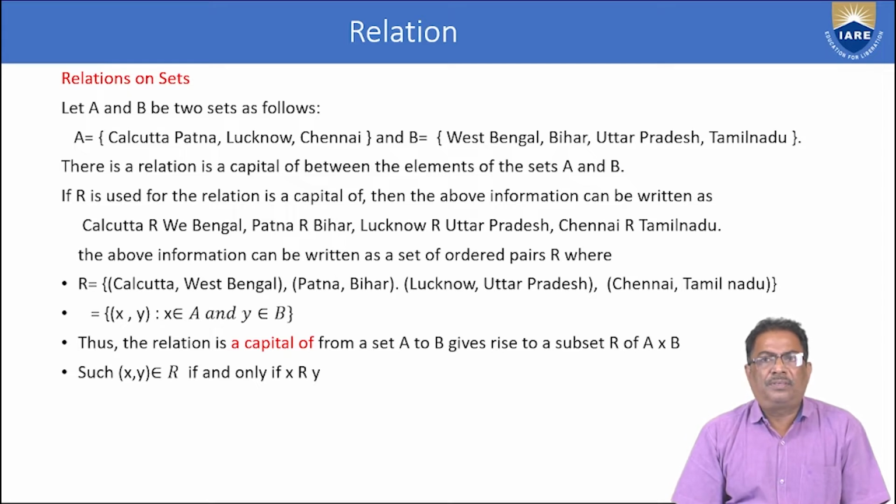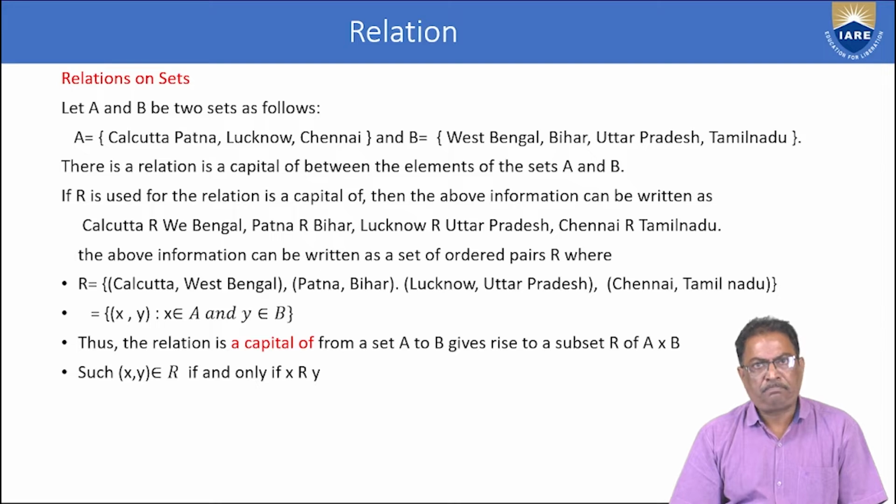Whatever the relation is, we consider those elements in the form of ordered pairs. So Calcutta, West Bengal is one ordered pair, Patna, Bihar is another ordered pair, Lucknow, Uttar Pradesh is another ordered pair, and Chennai, Tamil Nadu is another ordered pair.